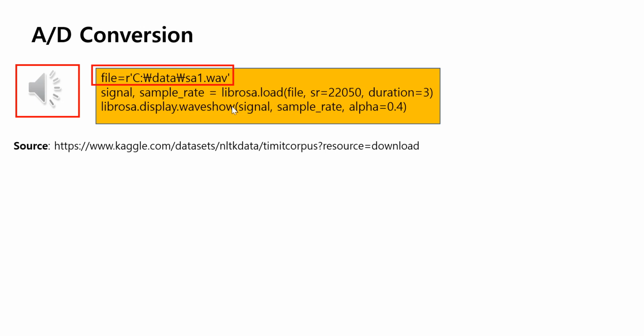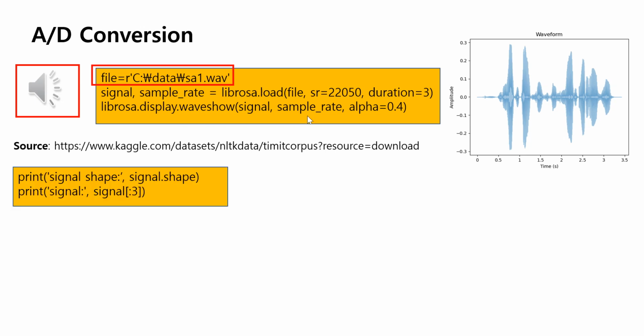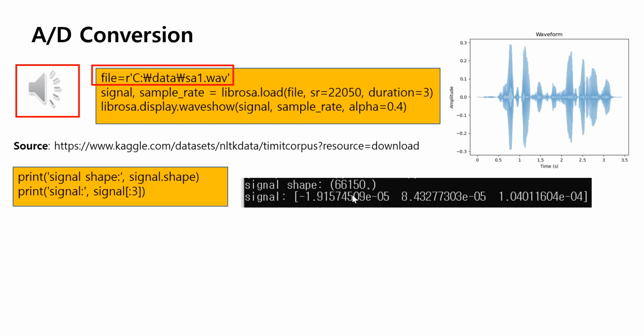And if you want to see the amplitudes for the given time domain, then you can use waveshow and pass the signal and the sampling rate. And if you check the signal shape, then it is 66,150. And if you check the elements up to 3 elements, then it looks like this.